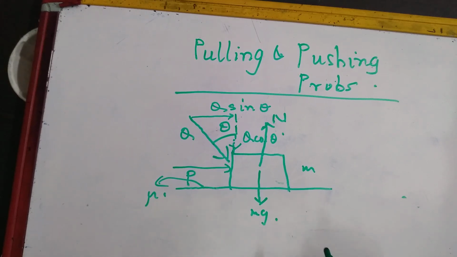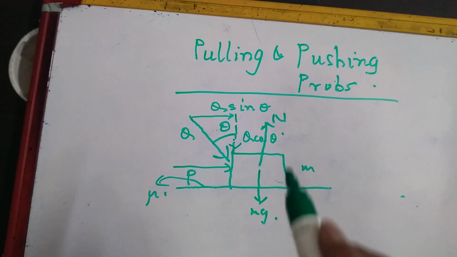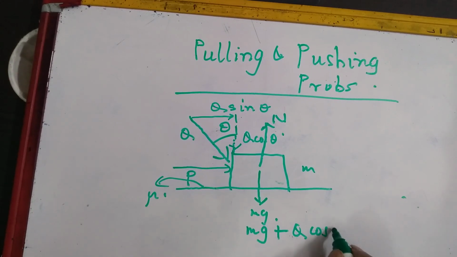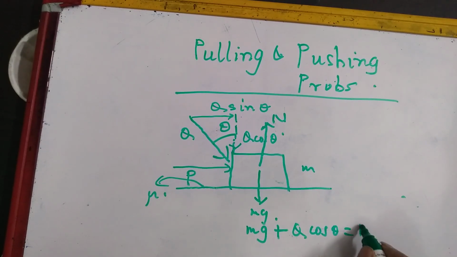As we have discussed twice before in my earlier two videos, for the body to remain on the ground in contact with the surface, the net force in the vertical direction, which is the y-axis, has to be zero, which is the force downward should be equal to the force acting upward, which means in this case mg plus Q cos theta should be equal to the normal reaction force.